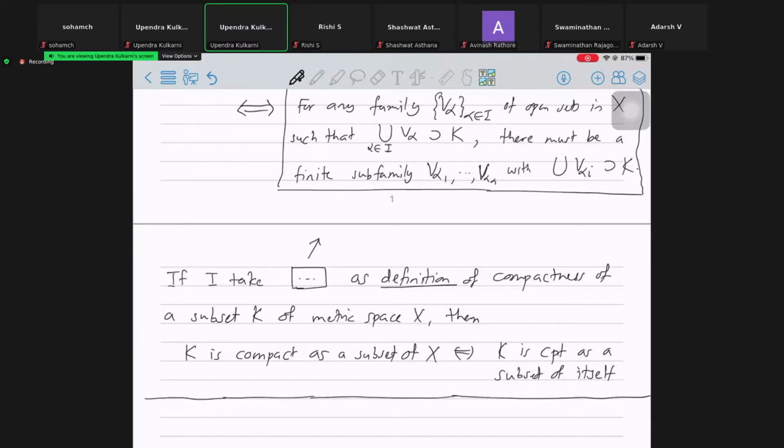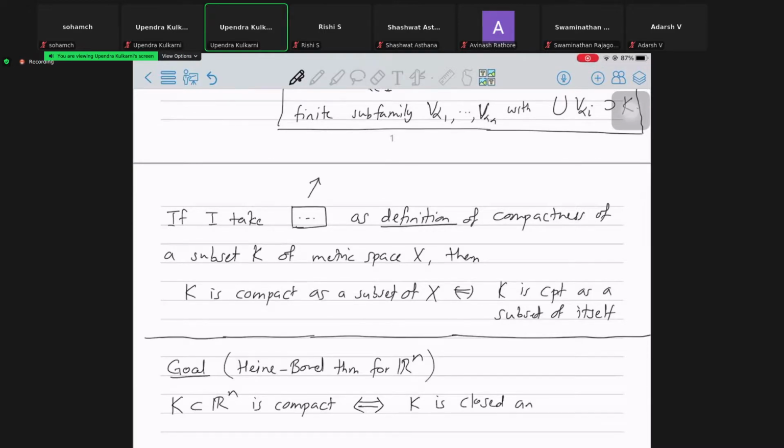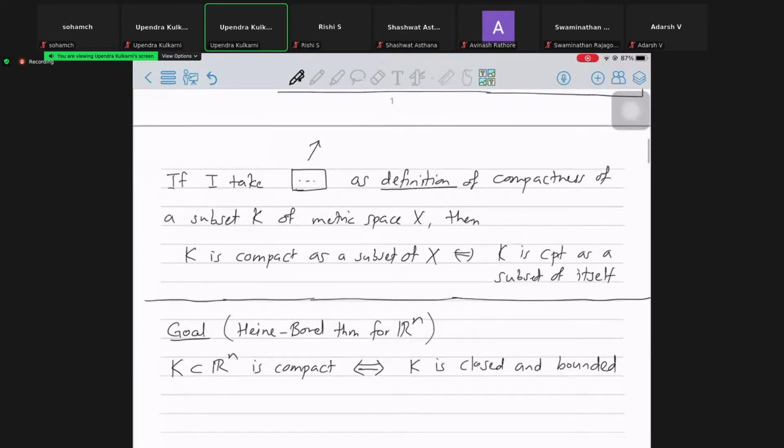Actually, let's start working with the goal. Closed and bounded subsets of Rn are precisely the compact sets.